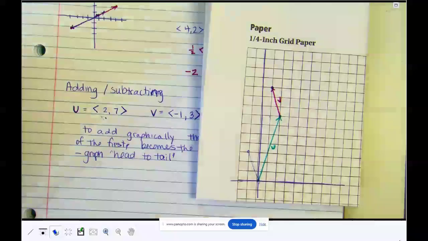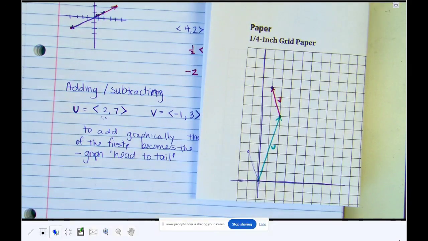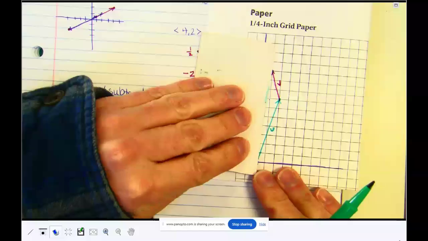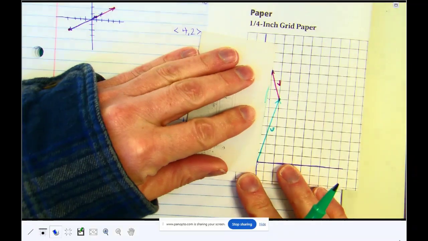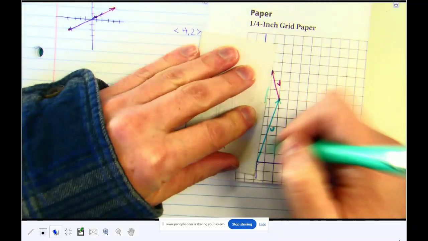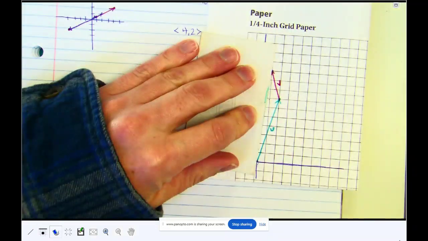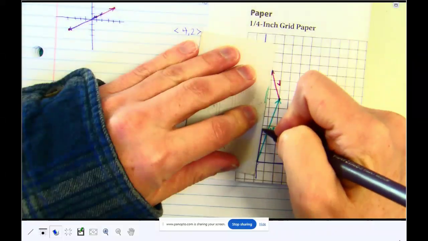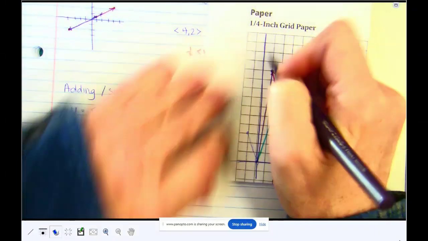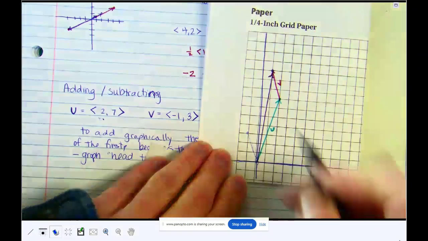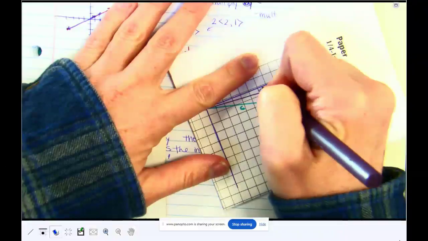Okay, now the final answer. I'm pretty sure it's called a resultant vector because it's the result, but I don't see that in my book, so maybe better not write that. The result, or the final sum of your vectors, is this. Okay, so this purple guy is u plus v.